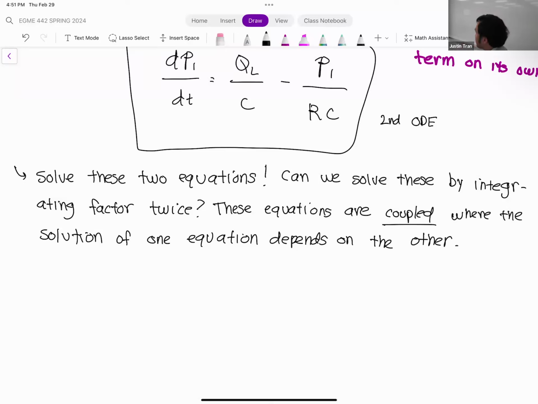So we can't solve one without the other, and vice versa. So the only way to solve a coupled system of differential equations is to solve the entire system simultaneously.